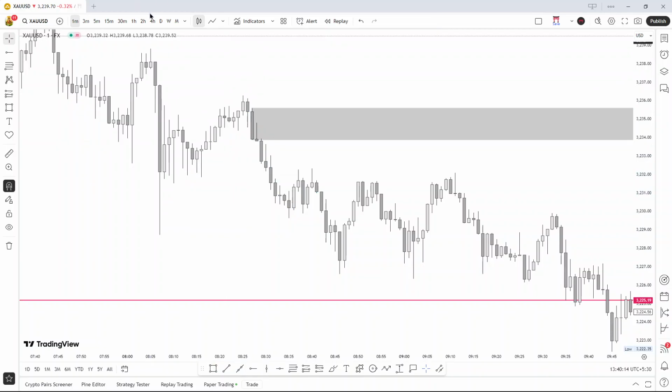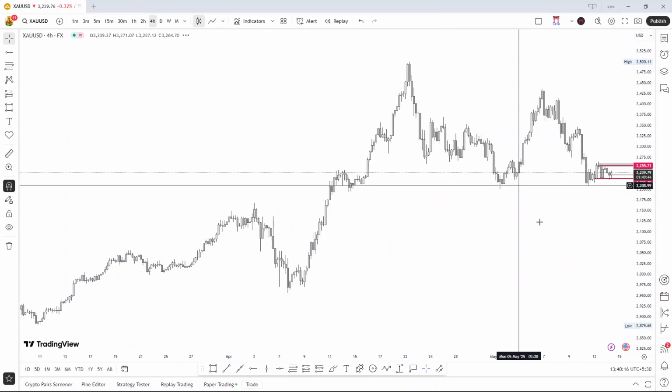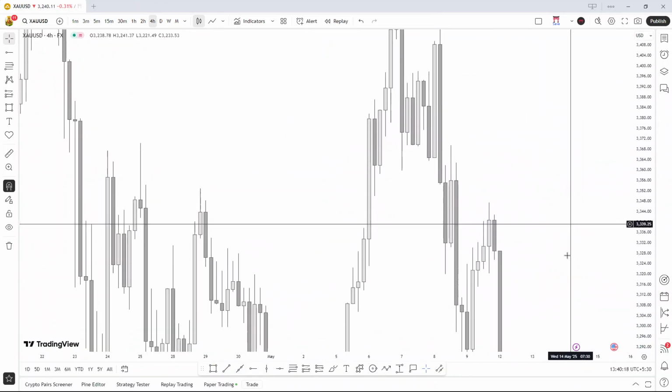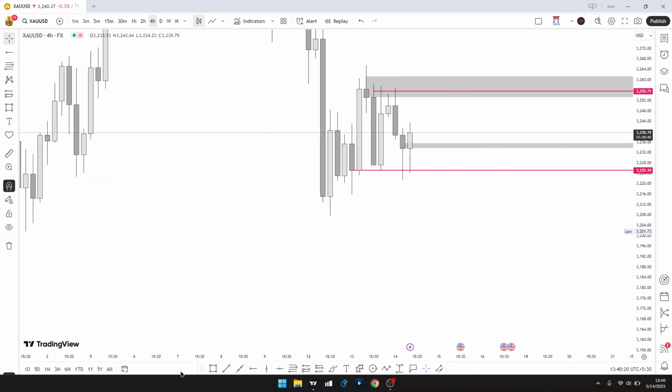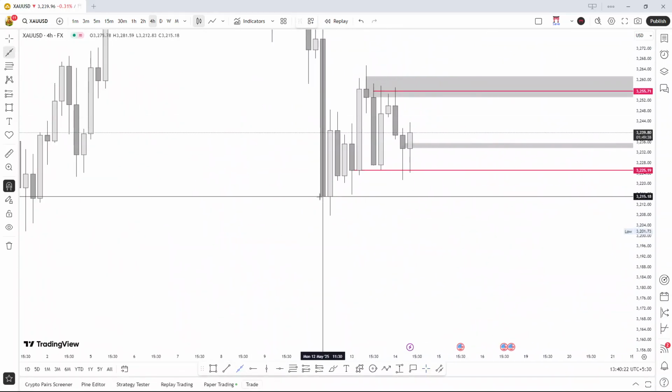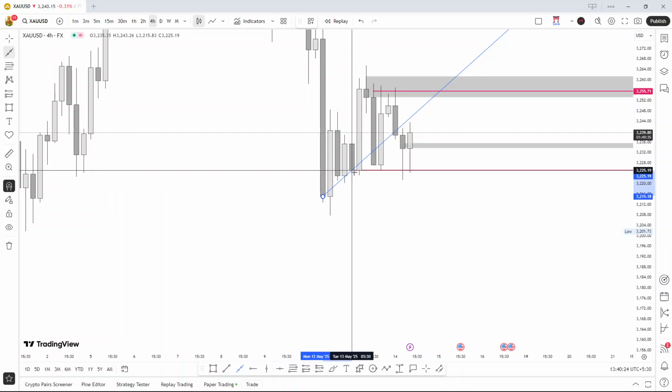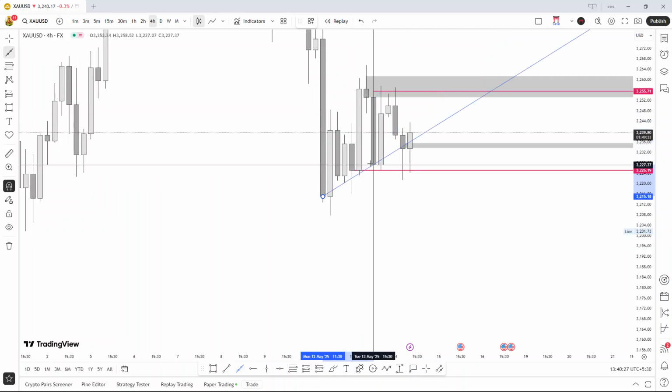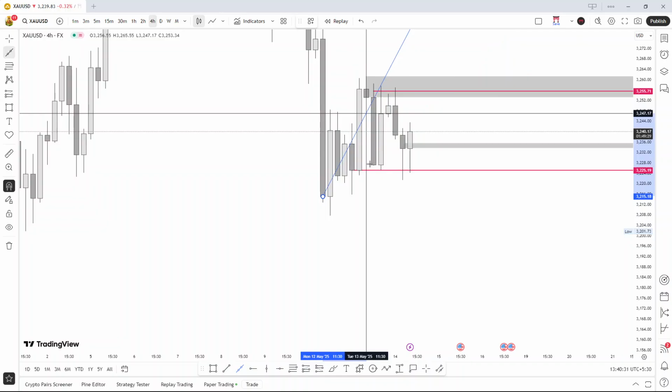And also thanks to RRFX for this. He showed me this actually. This one, I think. Or this one. There was an H4 trend line. Wait, let me check real quick.